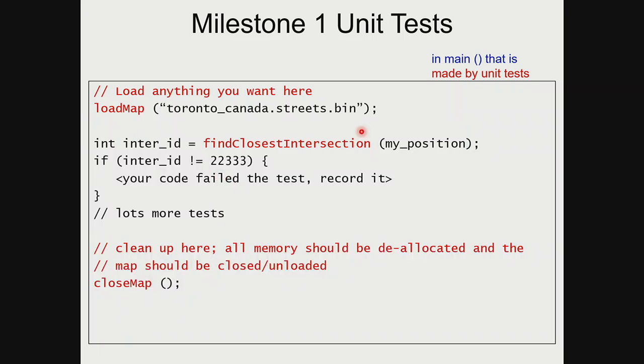In this case, the answer should be 22,333. We check whether the output of your function is equal to that number or not. If it is not, that means there is a test failing, and we will report which test failed for you. If it passes, you will not see any error, and it will go to the next test case.